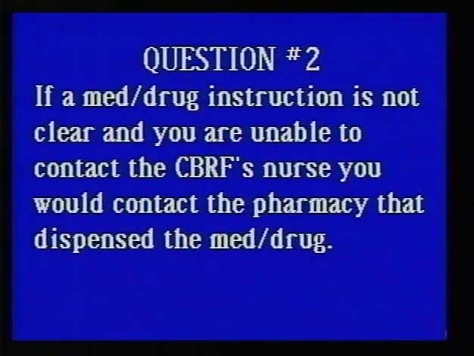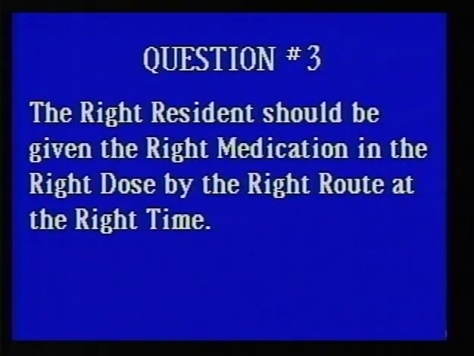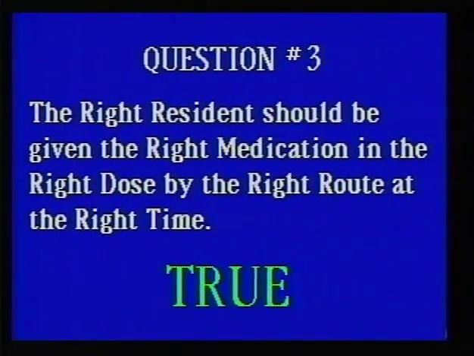Number 2, if a drug instruction is not clear to you and you're unable to contact the CBRF's nurse, you would contact the pharmacy that dispensed the med. That's true. Number 3, the right resident should be given the right medication in the right dose by the right route at the right time. That's true. And I imagine you'll be able to say this one in your sleep pretty soon.